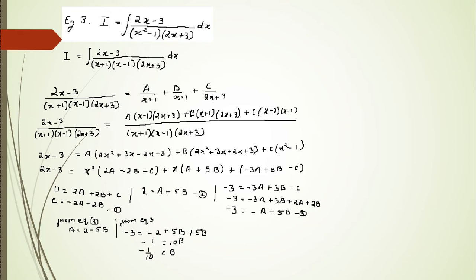Now putting the value of b in equation 3, from equation 3, let me put the value of b. I get minus 3 is equal to minus a plus, so I'll put the value of b, I'll get minus 5 by 10.